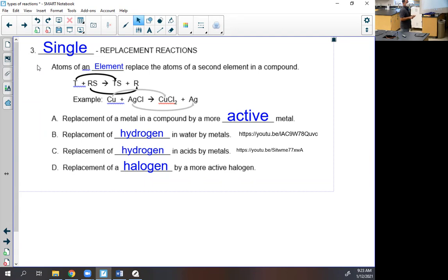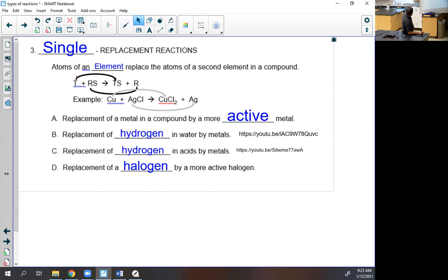In a single replacement reaction, atoms of an element, so not a compound, replace the atoms of a second element in a compound. These are also not too hard to recognize if you look at how the model fits together.